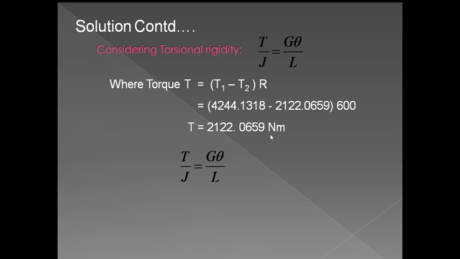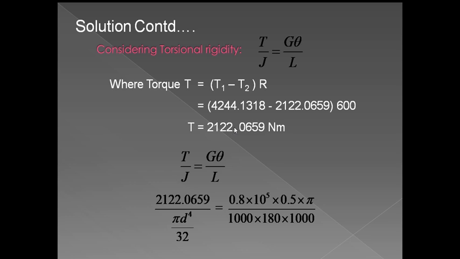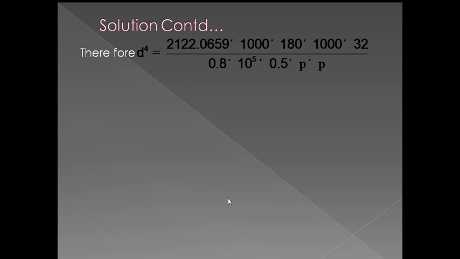We already know the formula T by J equals G theta by L. Applying the T value here, J is pi d to the power of 4 by 32, G is 0.8 into 10 to the power of 5, theta is 0.5 into pi by 180, divided by 1000. By solving this equation, we get the D value as 74.59 mm.